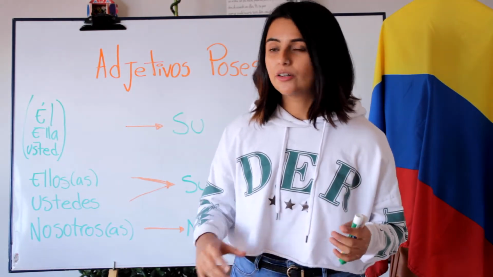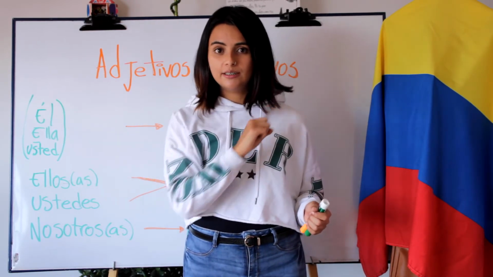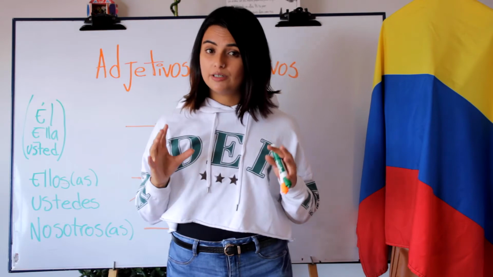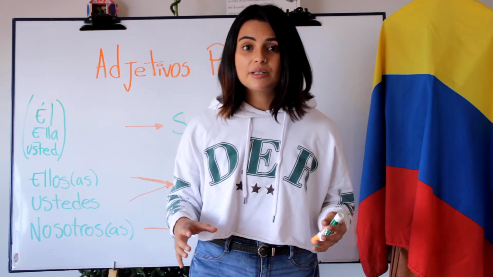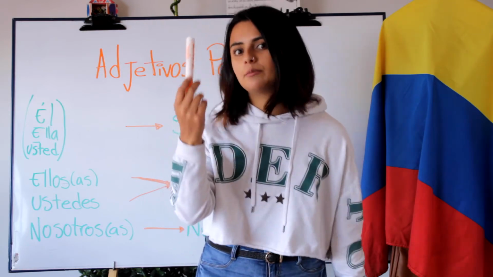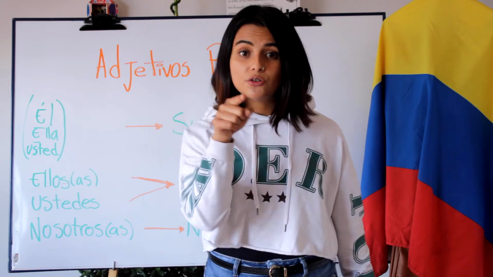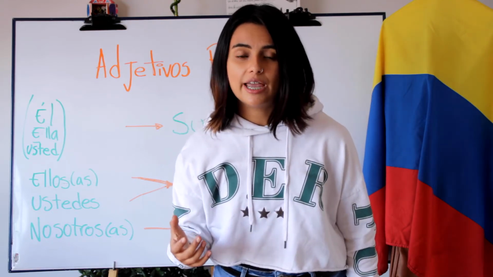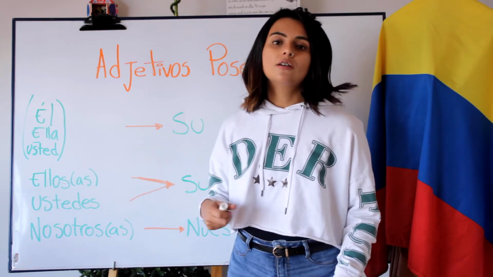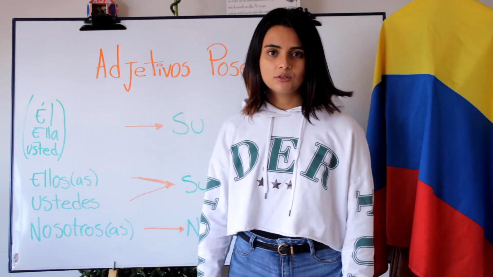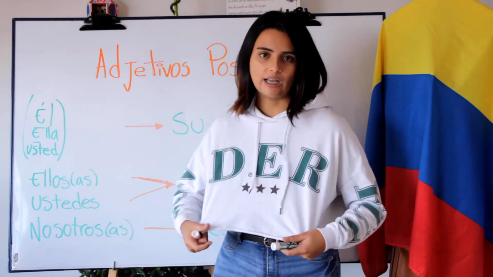That happens when we're talking about él, ella, o usted, right? So that's why it is super important that you know the personal pronouns. That means that if we're talking about his marker or her marker or your marker, I would say su marcador, that's it. Su celular, su tablero, su bandera, su saco.